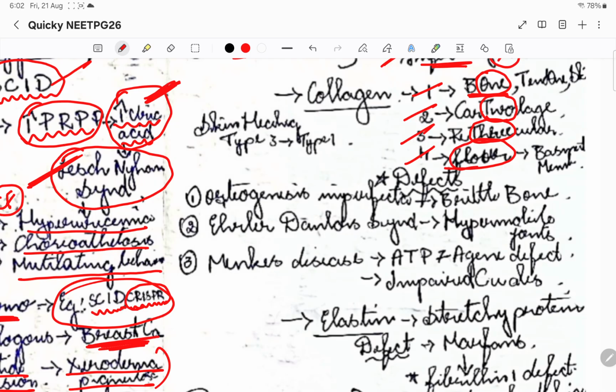Collagen type 1 will be in bones and tendons. Collagen type 2 will be in cartilage. Type 3 will be in the reticular formation, for example in the dermis. Then floor means basement membrane: type 4 collagen will be in the basement membrane. What is basement membrane? You know that, right?